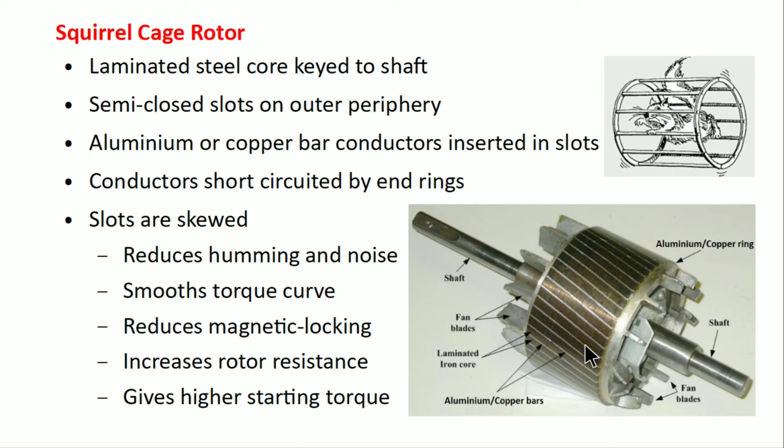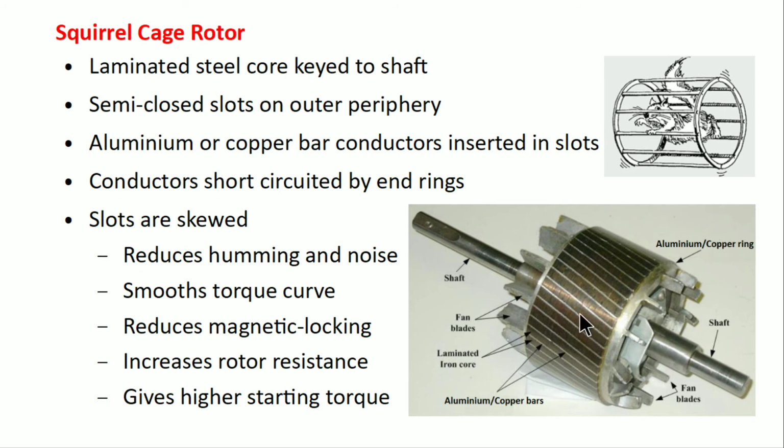Now the important thing about the rotor slots is that they are not parallel to the shaft axis. They are inclined at some angle. You can see the straight line.